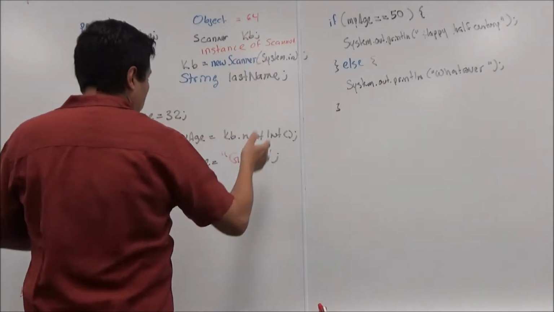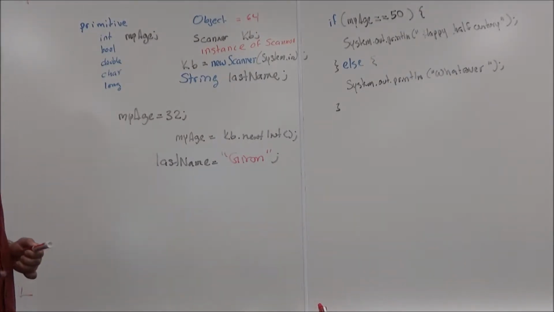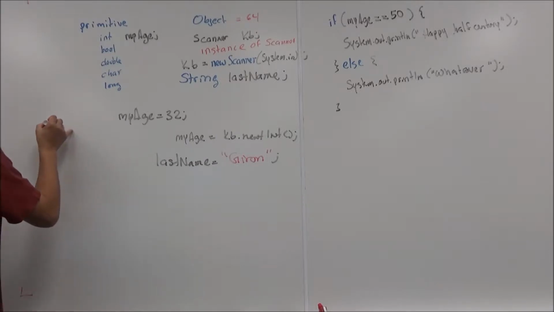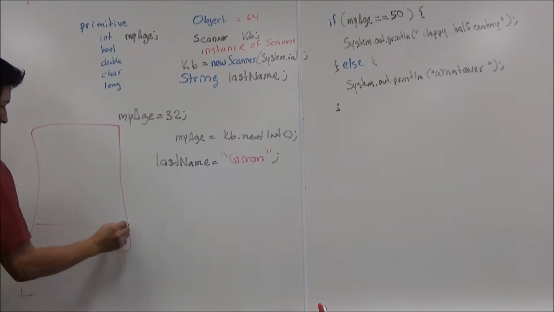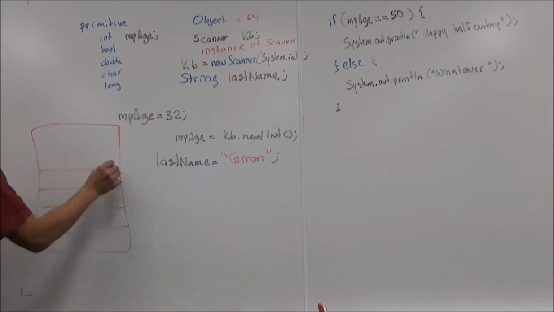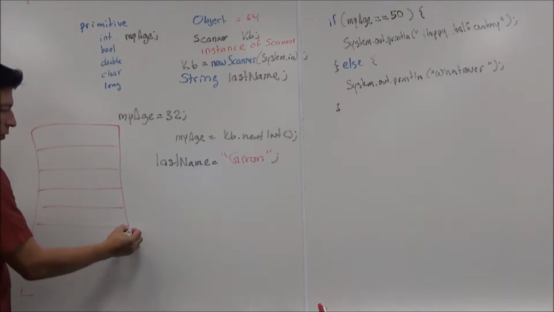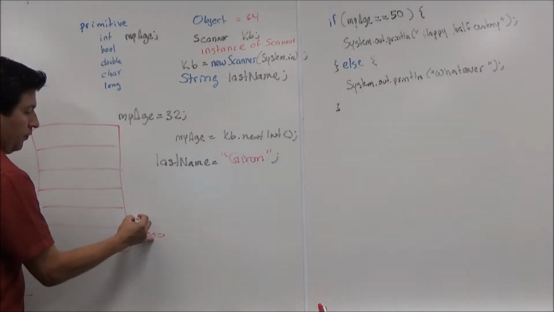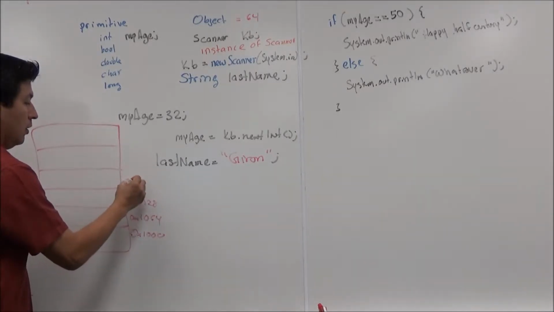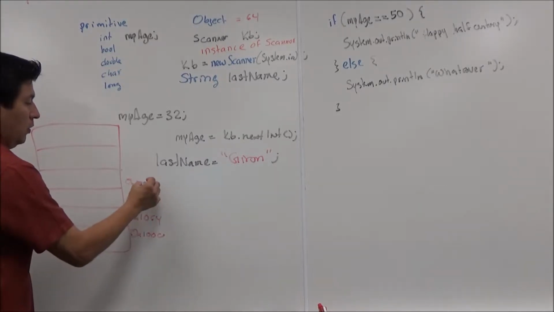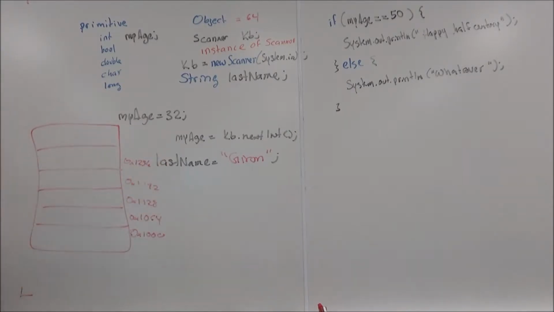So, in memory, I'm going to draw it here. We said this is address 1000, 1064, 1128, 1192, 1256. That's what I need.